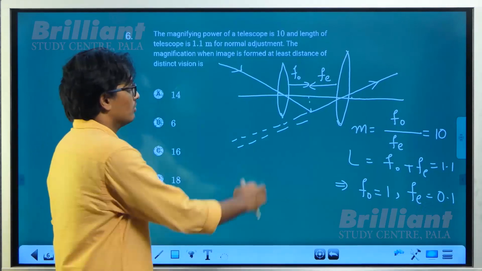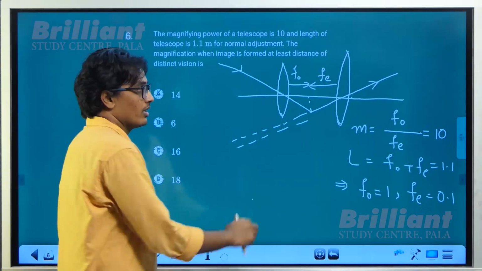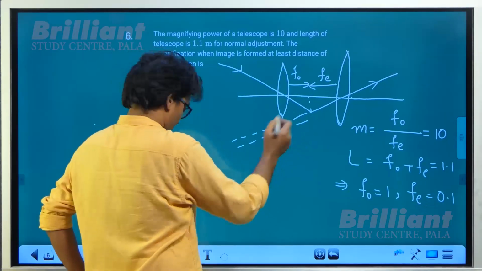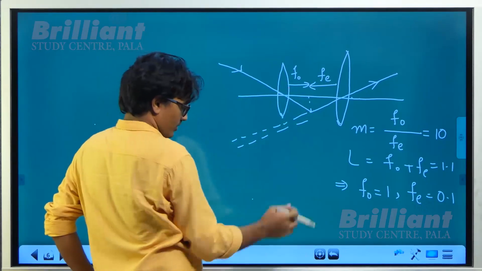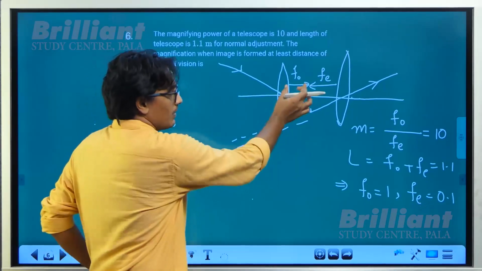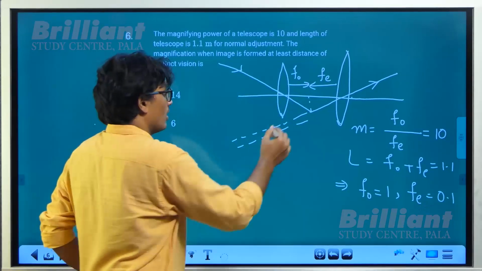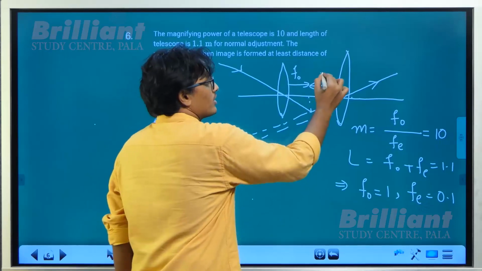Now next, the magnification when the image is formed at least distance of vision. Least distance of vision means light is coming still from infinity. So the image is still formed at FO. This part doesn't change. But this one will change. This distance is some u.